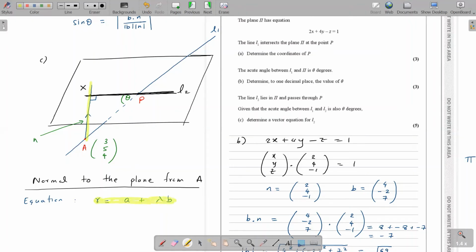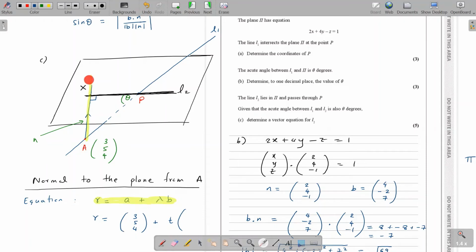So what are A and the parameter here? Who is A? Do we know a position vector on this line? Yes, we know the exact value of A, which is (3, 5, 4). And don't use lambda now, use a different parameter, because lambda has already been used. Then B is the direction vector of this line.